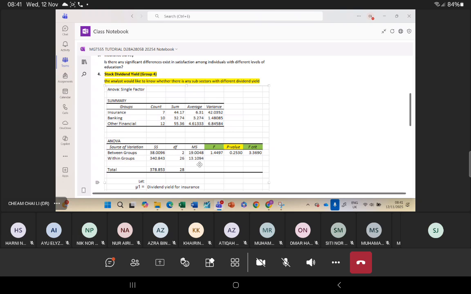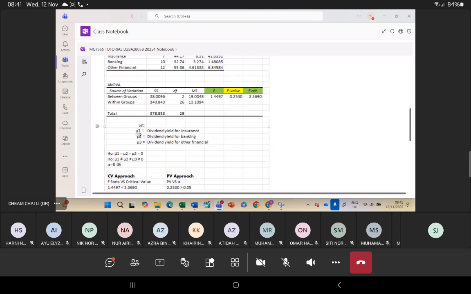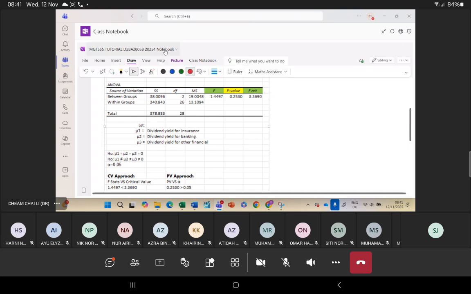And then your F-test is this. Kalau kita lihat sini, tak signifikan juga, ya. Okay, mu1 is dividend yield for insurance subsector. So di sini you kena tambah lagi mu kan, mu is the population mean.